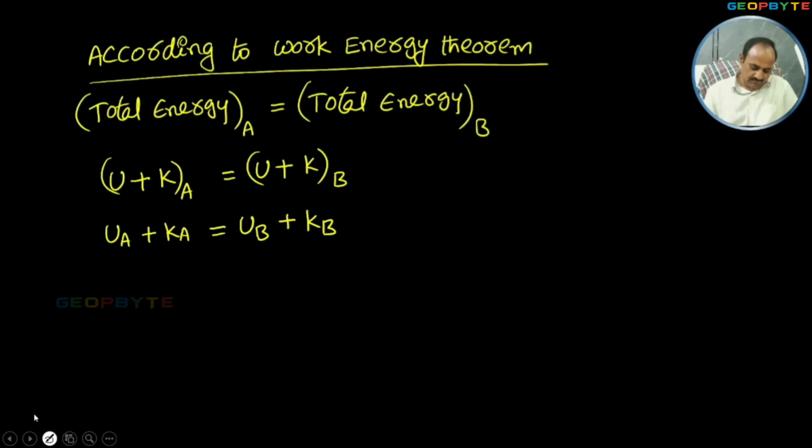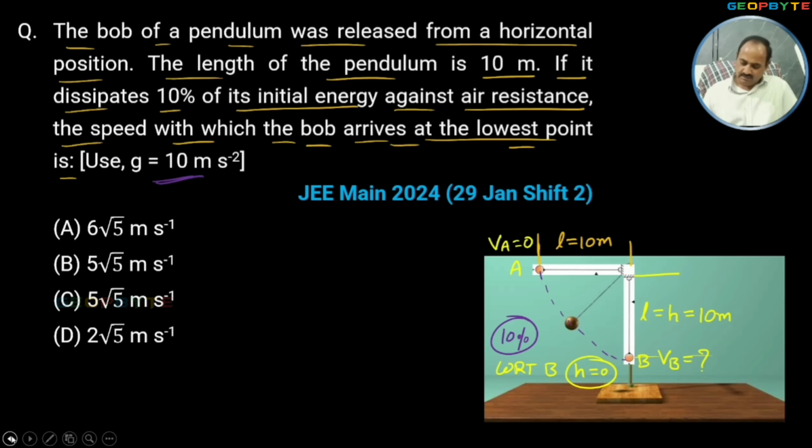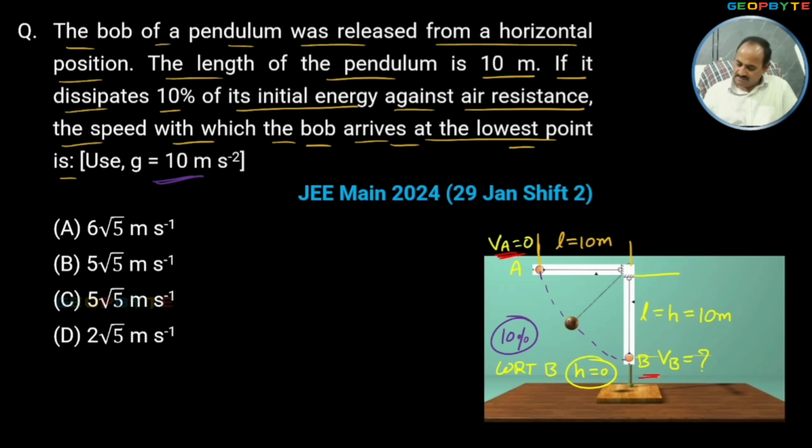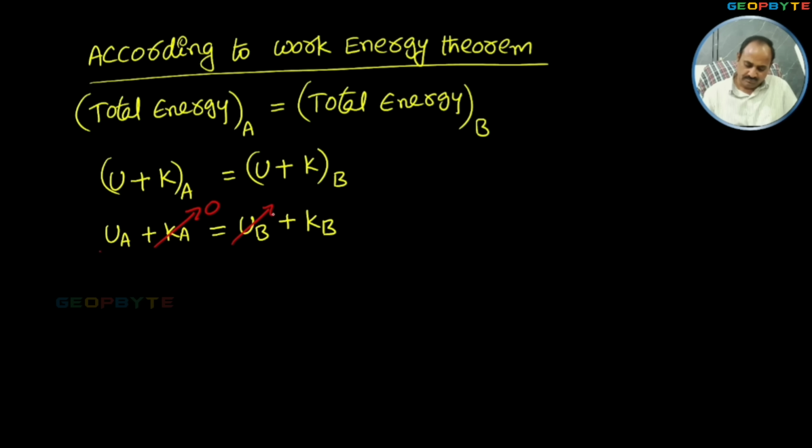But already we have decided that the velocity at A is 0, meaning kinetic energy at A is 0. The elevation at B is 0, meaning potential energy at B equals 0.